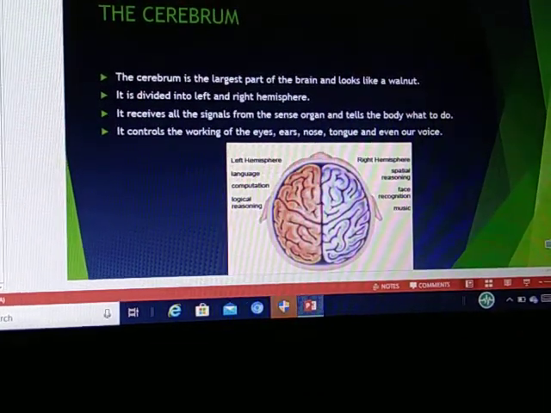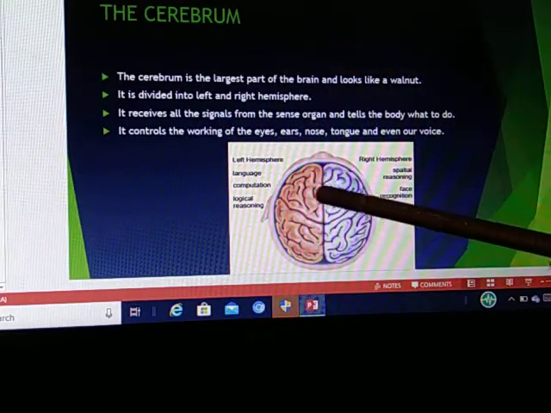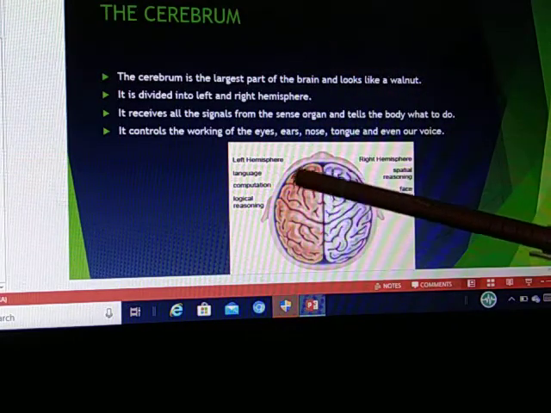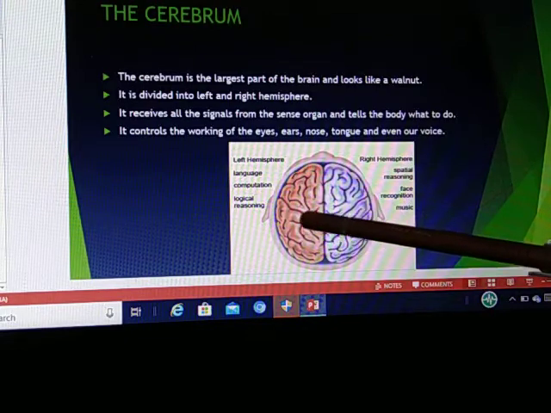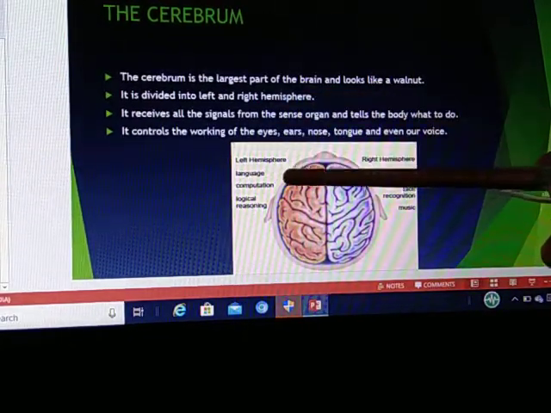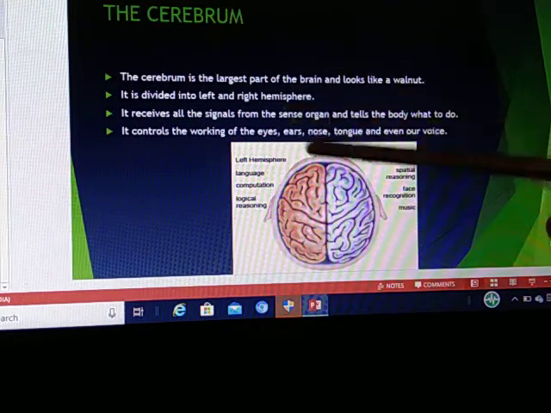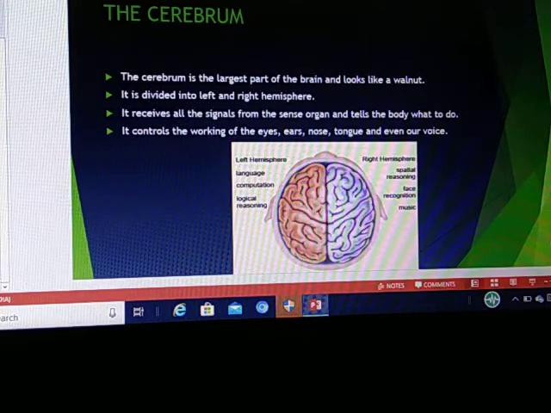There are two sides, the left hemisphere and the right hemisphere. Now students, the left hemisphere is basically responsible for analytical activities. What are analytical activities? Analytical activities means things like language, computation, and logical reasoning. Language means different types of languages, like Gujarati, English, Hindi, we talk so many languages.